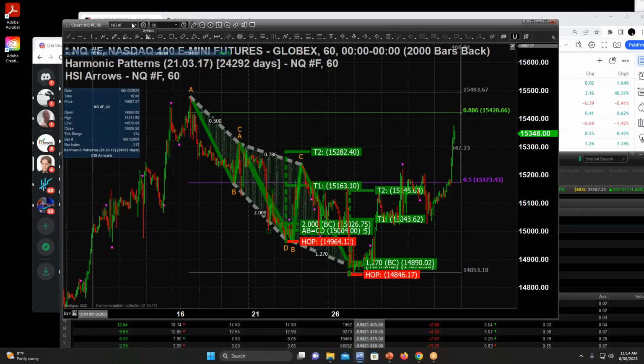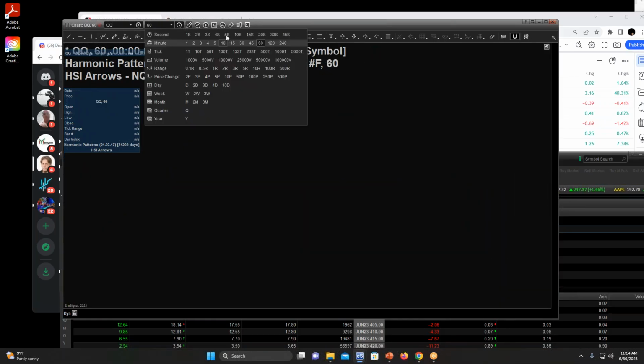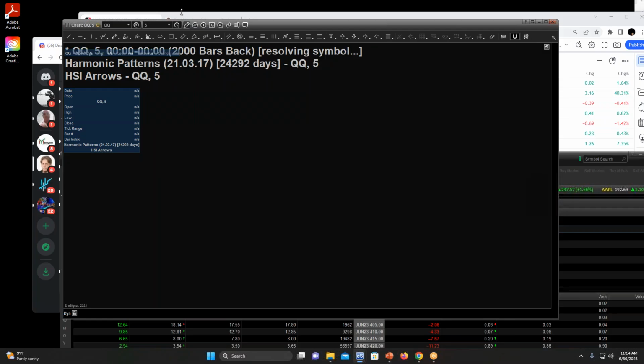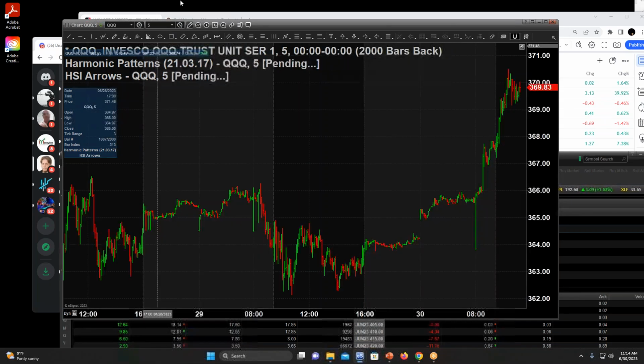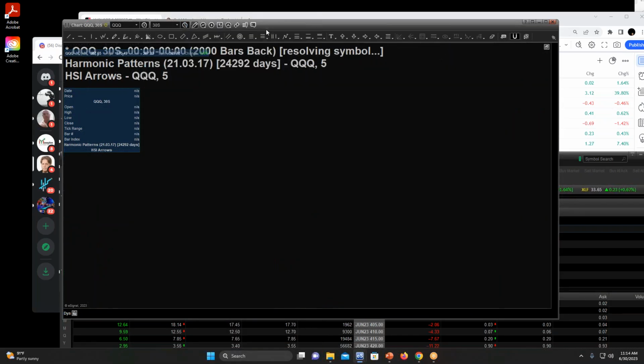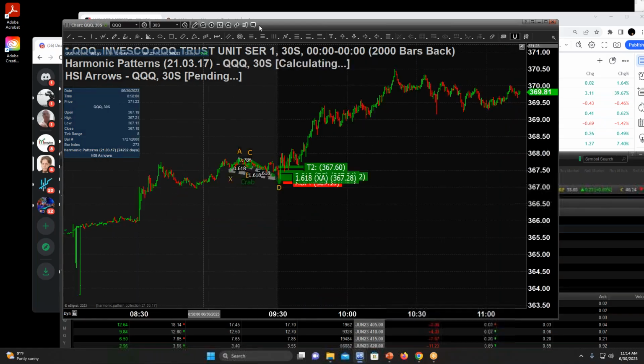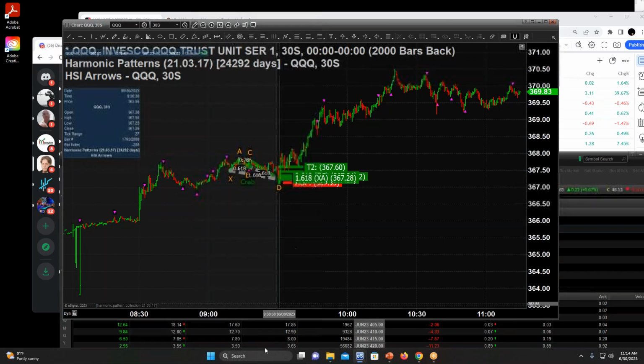And this is where then, okay, break it down. QQQ. What could the QQQ do? Can we get a signal on the 5-minute here? Oh, let's get another Q there. Nothing really, nothing yet. Look at the 30-second time frame. Interesting.